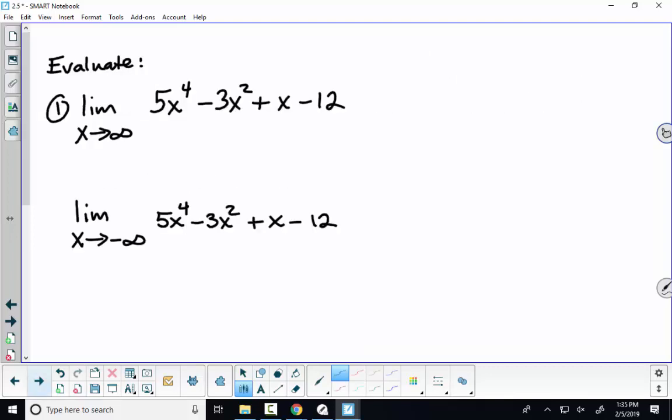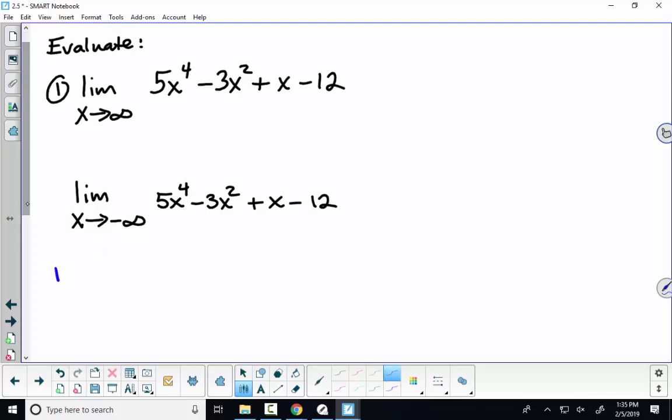So example: evaluate the limit at infinity on 5x to the fourth, and so on. Just be mindful that when you're asked to evaluate a limit at infinity, another way to ask this question is to determine the end behavior.